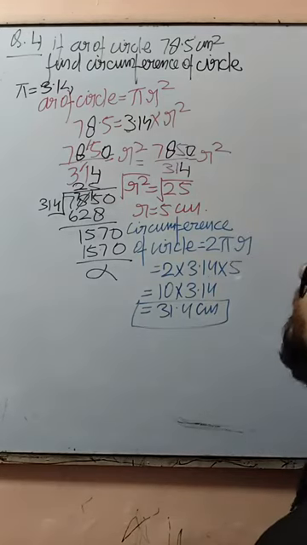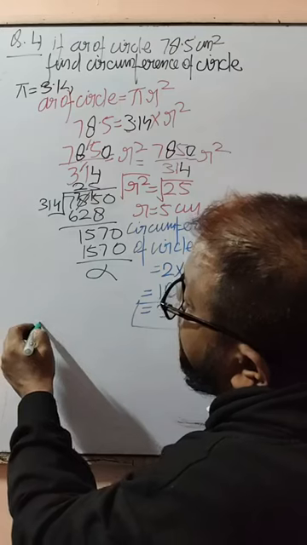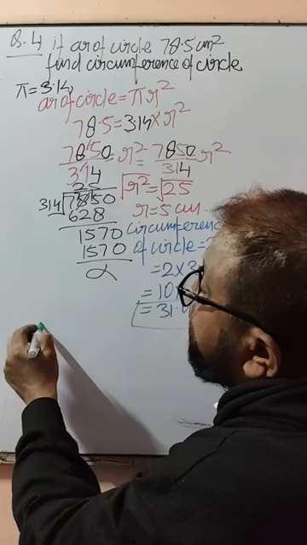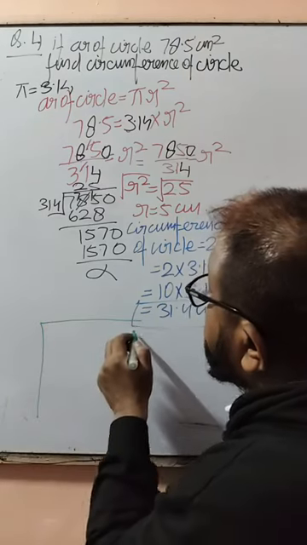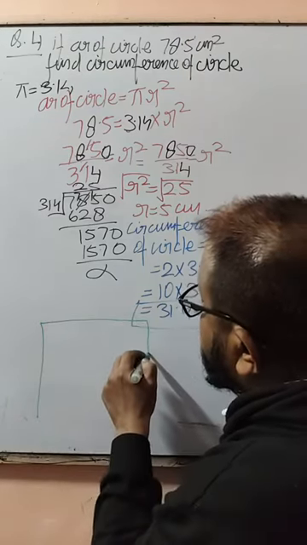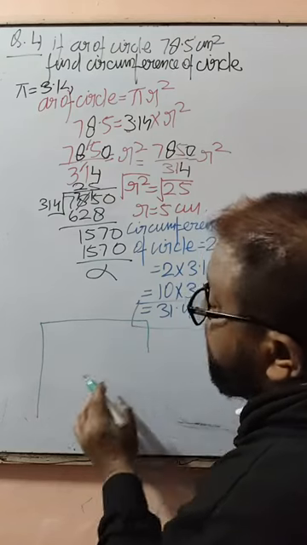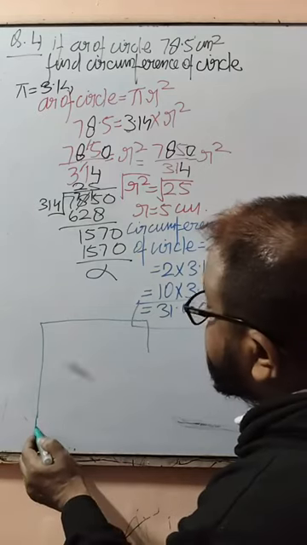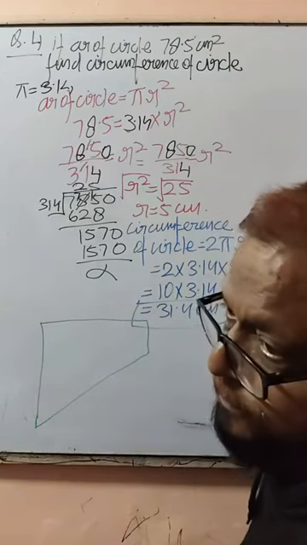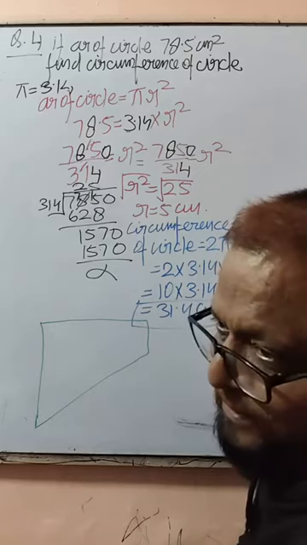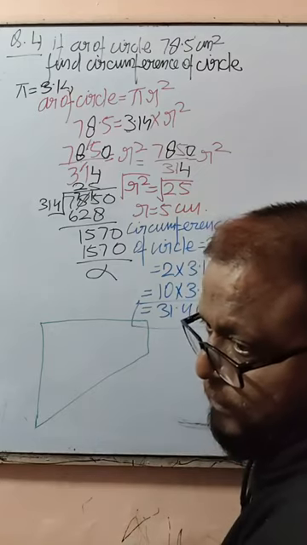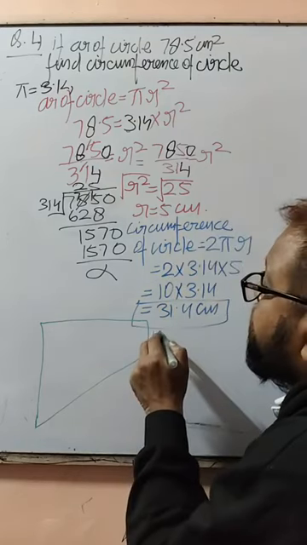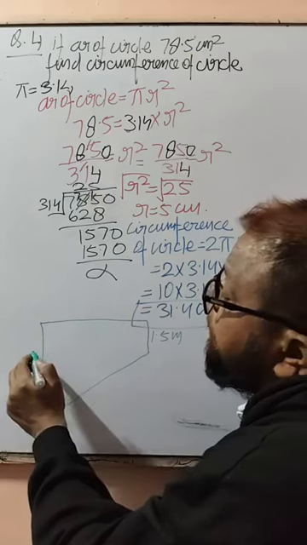Do you understand what the cross section of a swimming pool is? It is like this. This is the shallow end, this is the deep end. Now tell me, what sides are given? Sir, the depth of the shallow end from the surface is 1.5 meter.